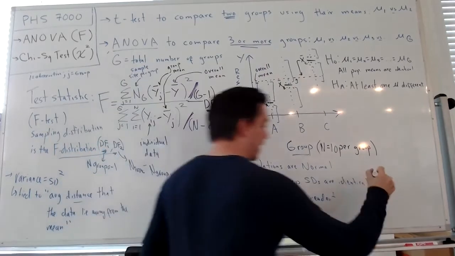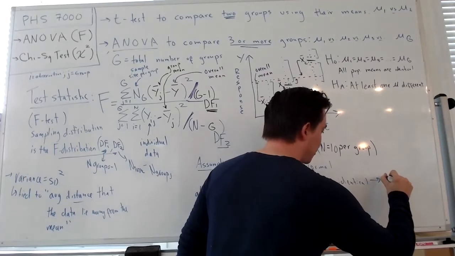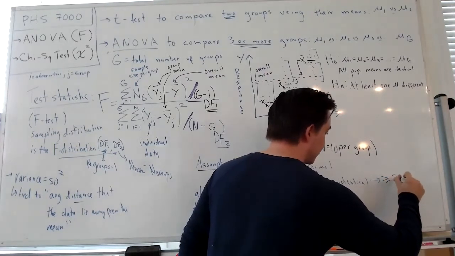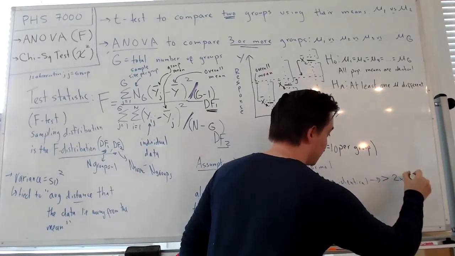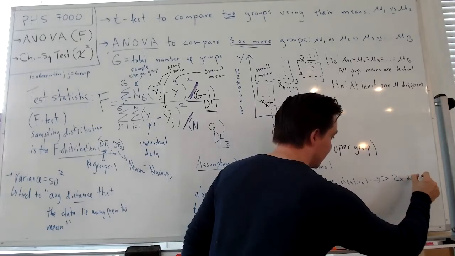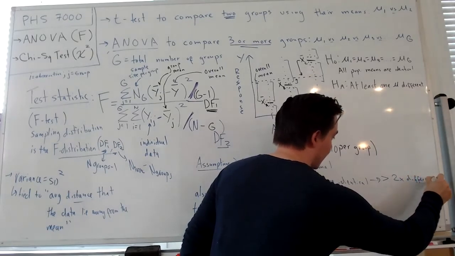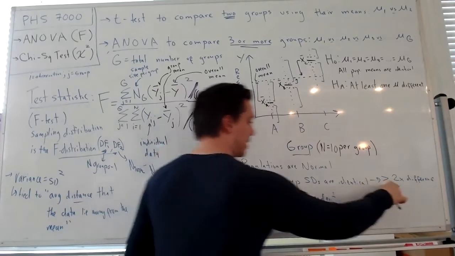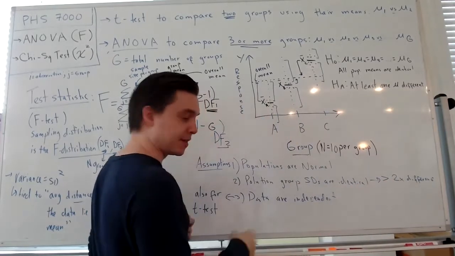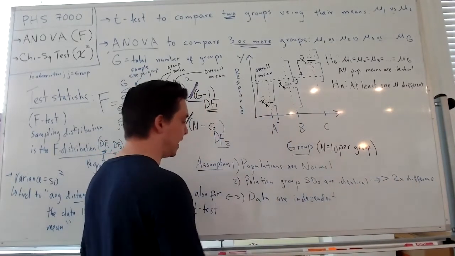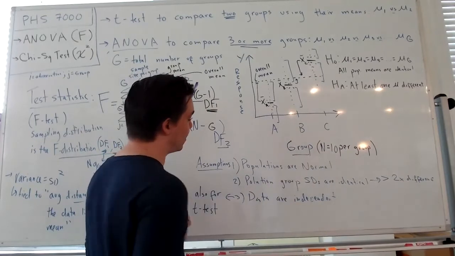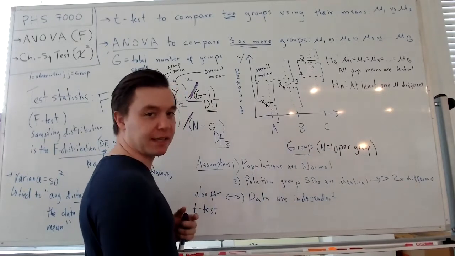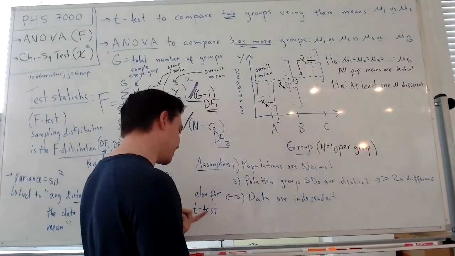But people tend to say, look for twofold, anything that is greater than a twofold difference. If you get standard deviations that are greater than a twofold difference, this assumption is probably violated. Populations are normal. Geez, that can be hard with smaller sample sizes.